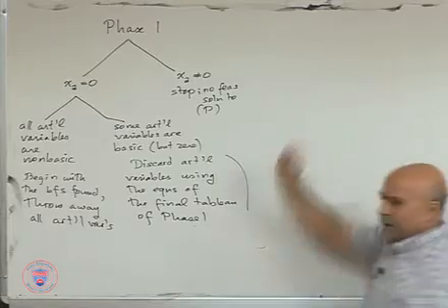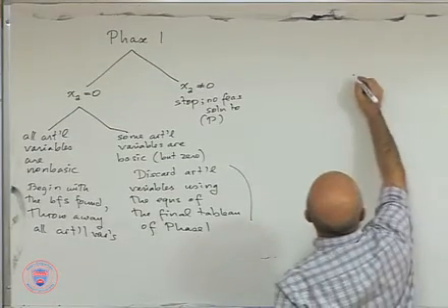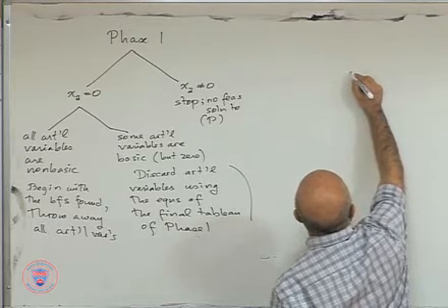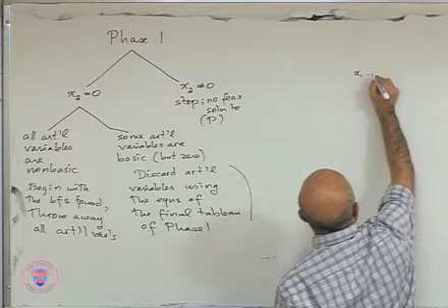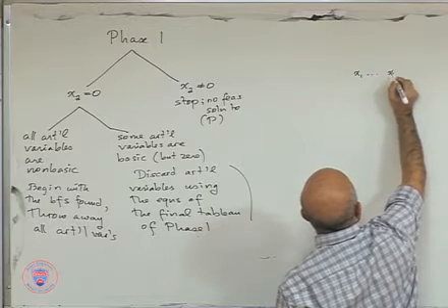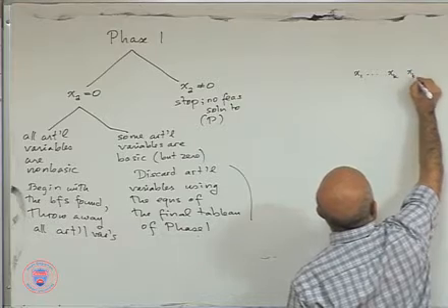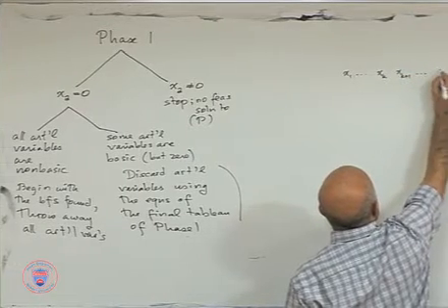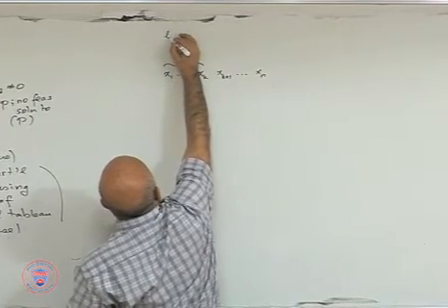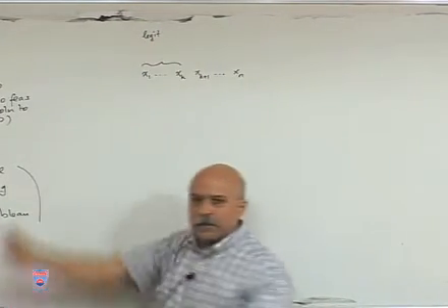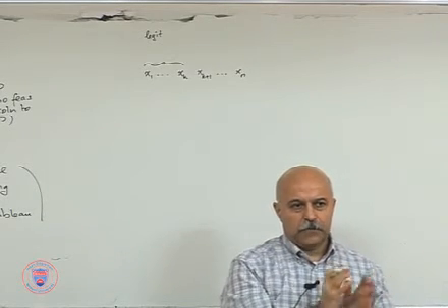I need to draw a large tableau here because otherwise, we can't really explain it. So suppose we have x1 up to xk. These are the original or the legitimate variables, xk plus 1 up to xn. Legitimate means the variables that come from the original problem.